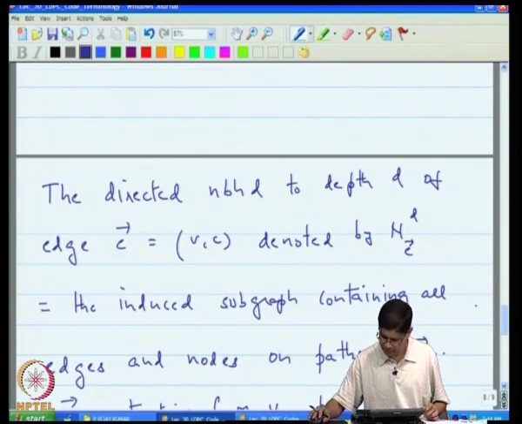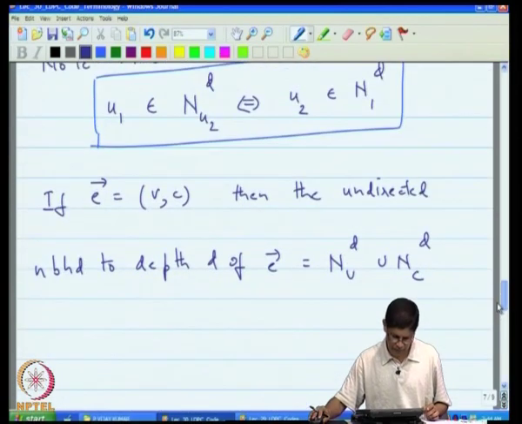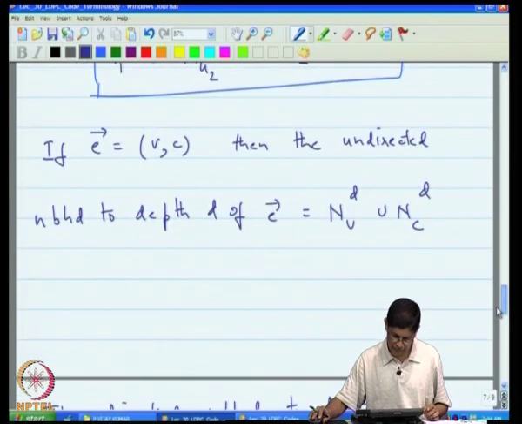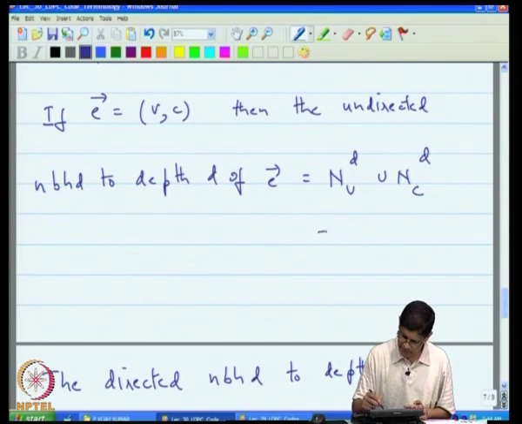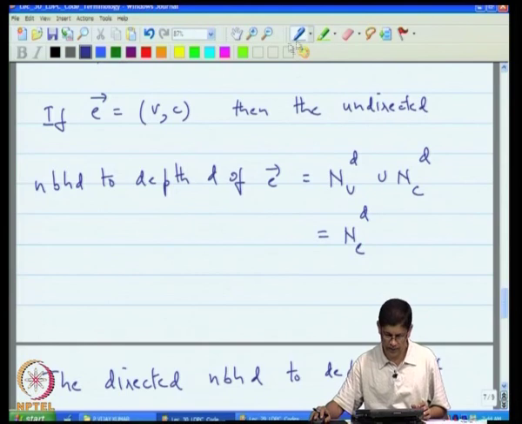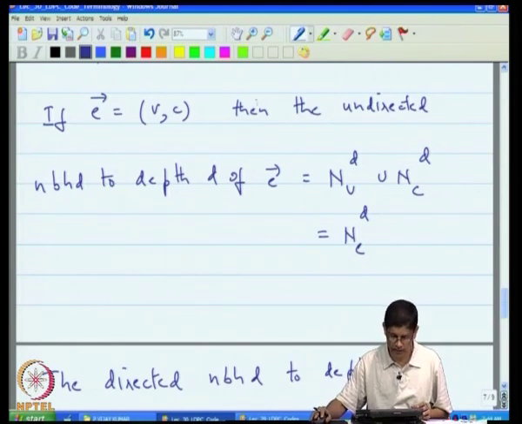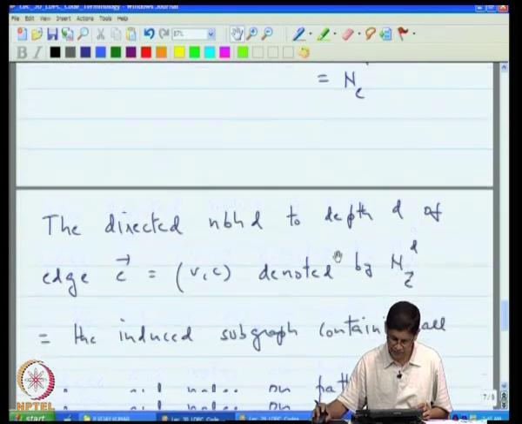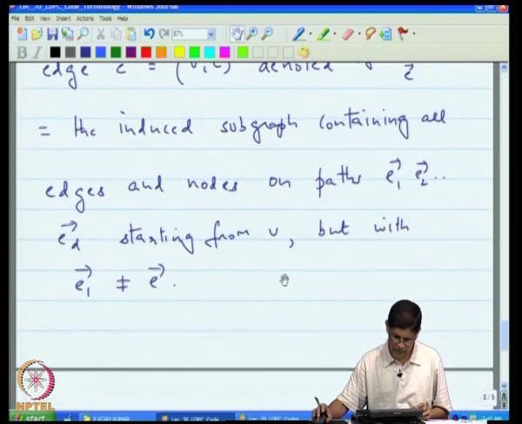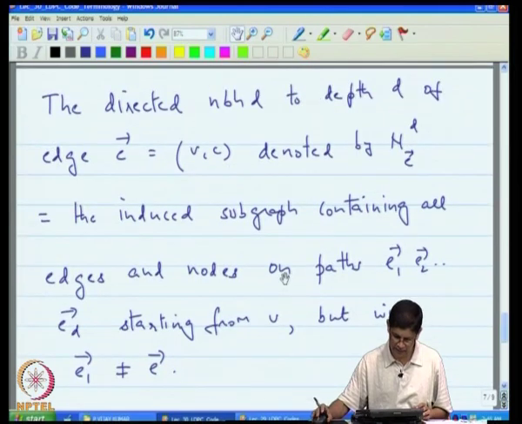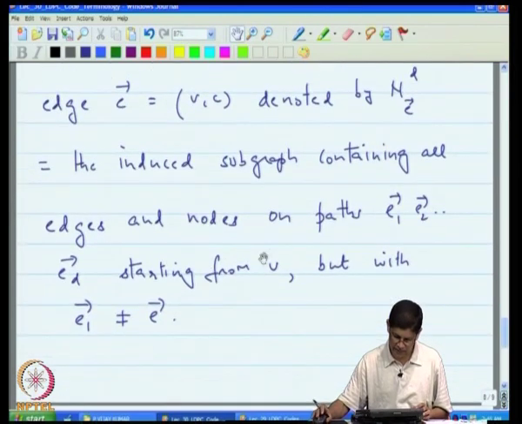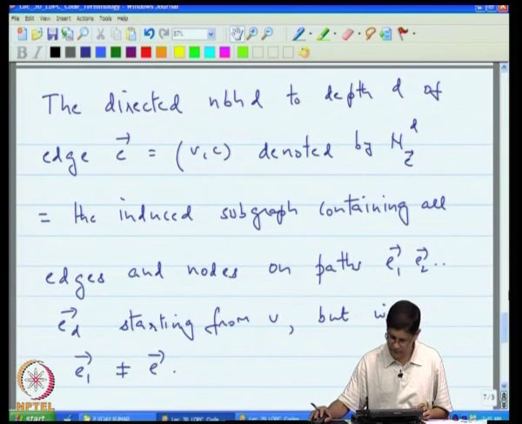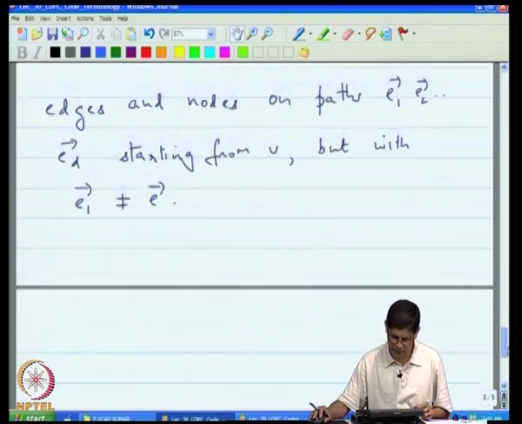So, just a clarification, earlier we talked about the undirected neighborhood. The undirected neighborhood is indicated by an e, except that you do not put the arrow. Now, most of this will be clear from context, even if it is a little confusing now. And here the only difference is that it is similar to the earlier definition, except that the initial path is disallowed from being the original edge.